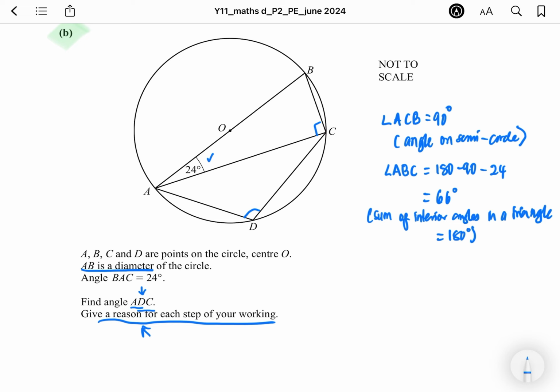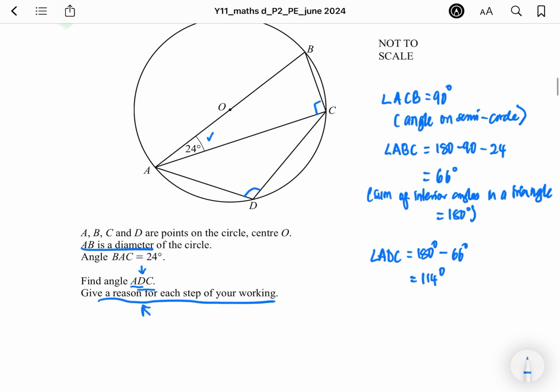Okay? And then with that, I can find the value of angle ADC, which is 180 minus 66, which is equal to 114. The reason is because ADC and ABC are opposite angles in a cyclic quadrilateral.